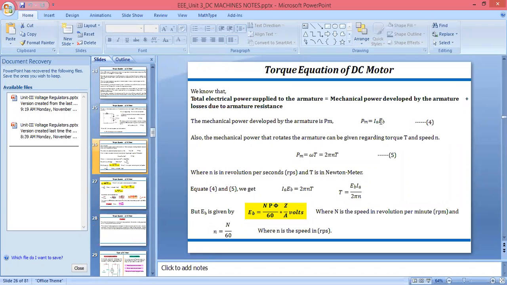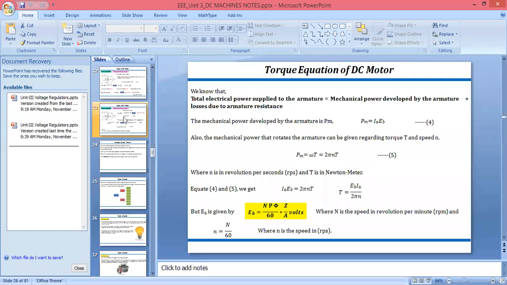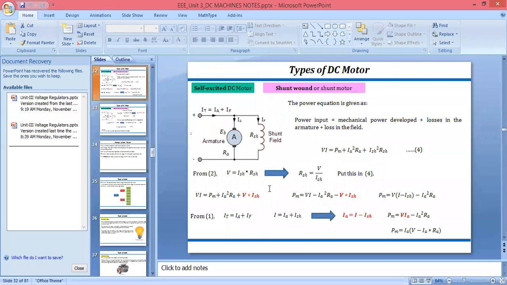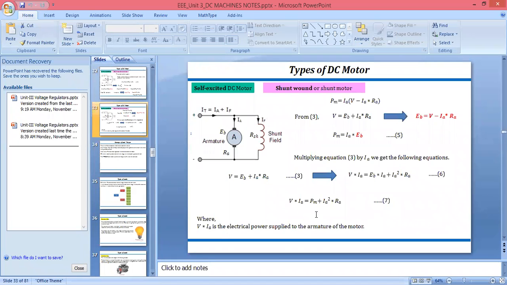We can take it as IA into EB. But we know mechanical power can be taken as torque into speed. This is nothing but the angular speed. We have already seen. तो यही equations हमें अभी मिला है. You can see here, we get the equation for the power, that is nothing but, हाँ ये यहाँ पे फिफ्थ इक्वेशन, PM equal to IA into EB.